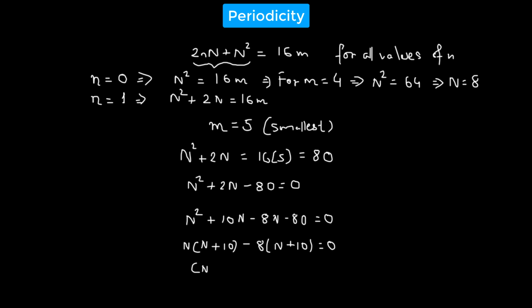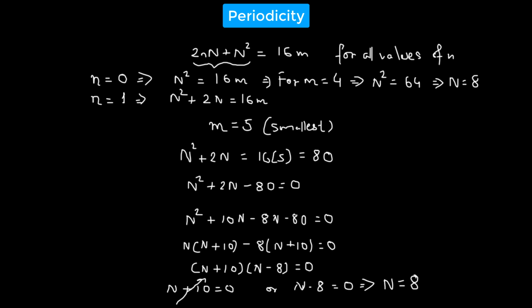So that gives us N plus 10 times N minus 8 equals 0. So we can have either N plus 10 equals 0 or N minus 8 equals 0. N plus 10 equals 0 is not going to be possible because the period cannot be negative. So that gives us N equals 8.